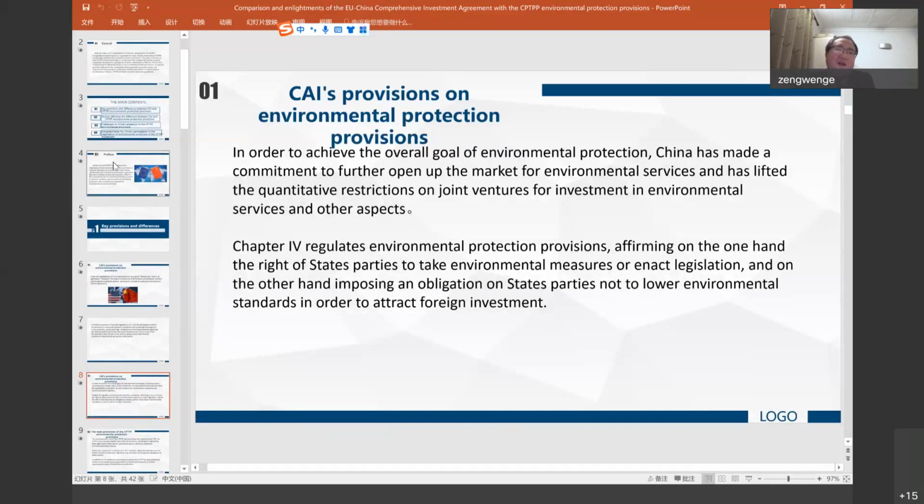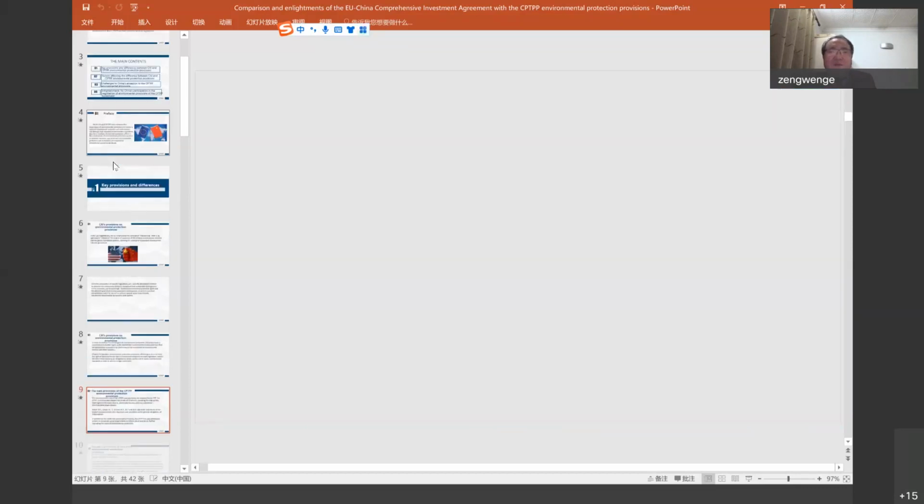The CAI's Chapter 4 regulates environmental protection provisions, affirming, on the one hand, the right of states parties to take environmental measures and enact legislation, and on the other hand, imposing an obligation on state parties not to lower environmental standards in order to attract foreign investment.